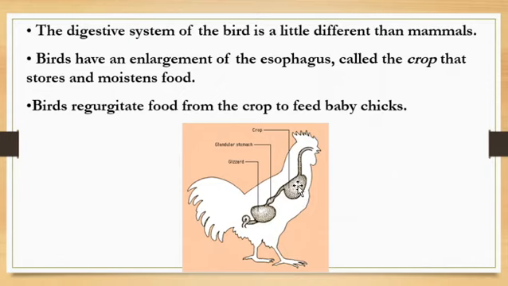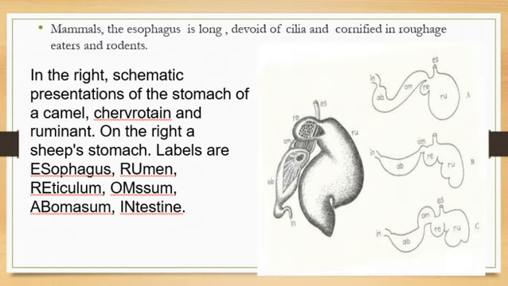So they will vomit, regurgitate, because the food was already moistened, and that is easy for the chicks to swallow. In mammals, the esophagus is long, devoid of cilia. Some have cornified rugae, more on rodents.